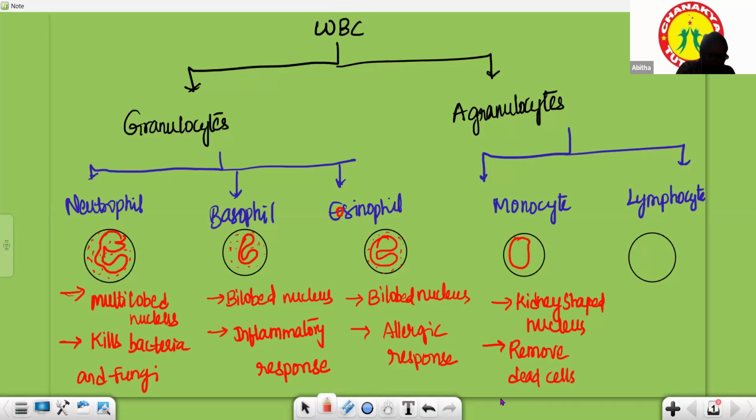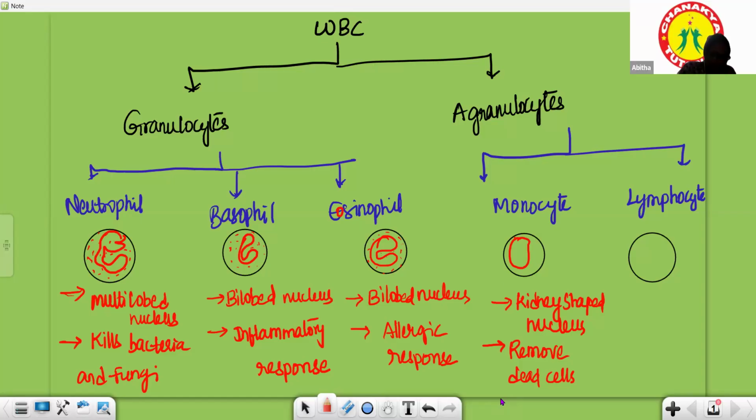See, cells won't stay alive; they die after some lifespan. Once a cell is dead, the monocyte will remove it from the body.